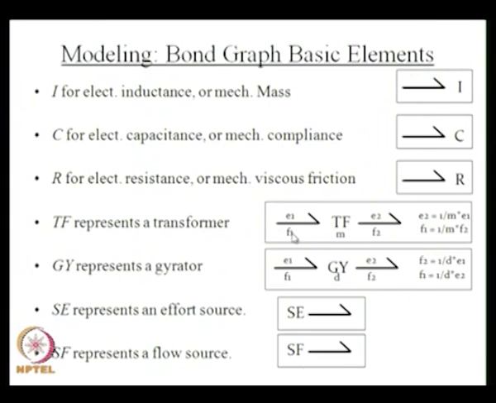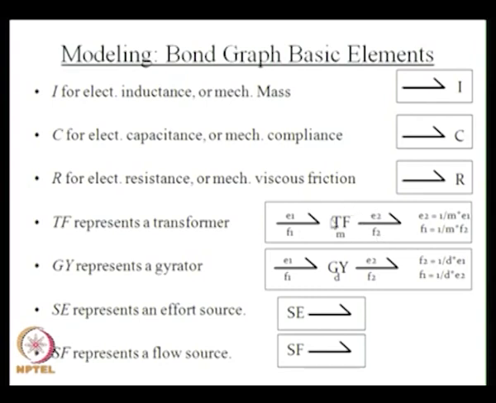Then you have effort 2 and flow 2, and this TF m represents the transformer ratio. And the relationship between E1 and E2 is given here. E2 is equal to 1 over m E1 and F1 is 1 over m F2. That is the relationship between E1, E2 and F1, F2. So here E1 is converted to E2 and F1 is converted to F2 through a transformer.